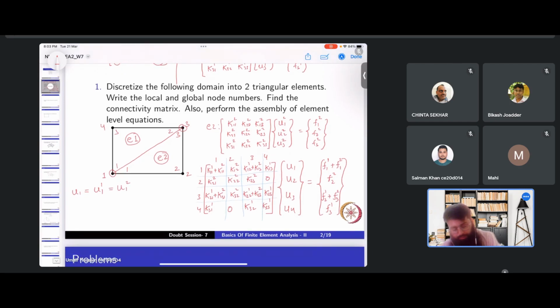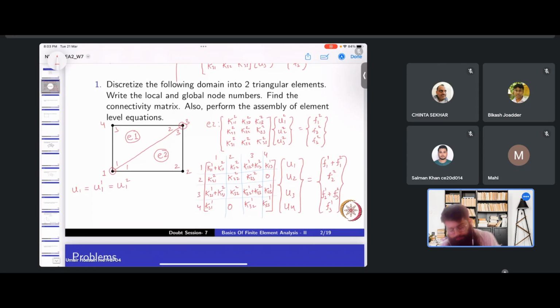And for global node 3, the displacement is the same as local node 2 of element 1, which is the same as the displacement at local node 3 of element 2.